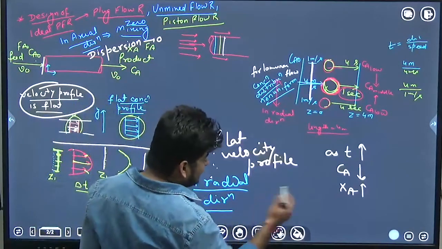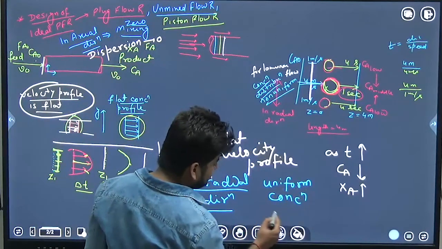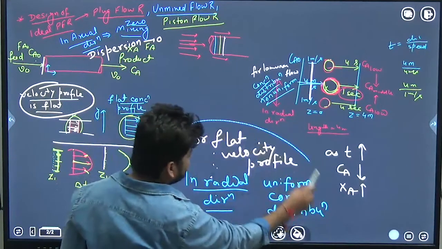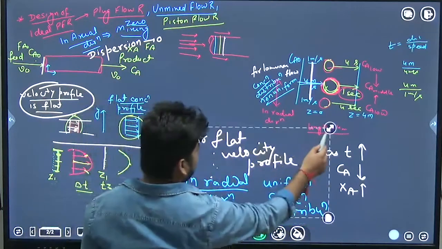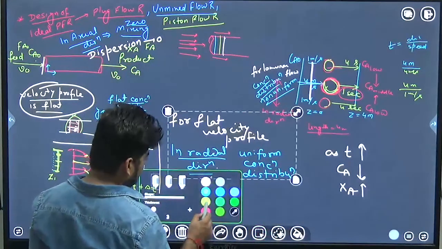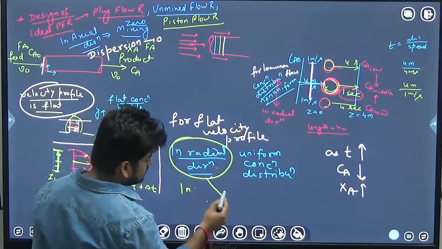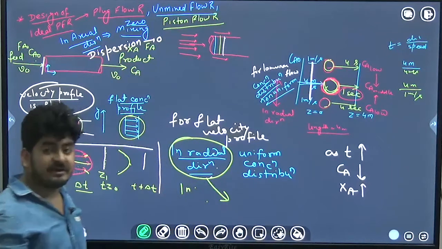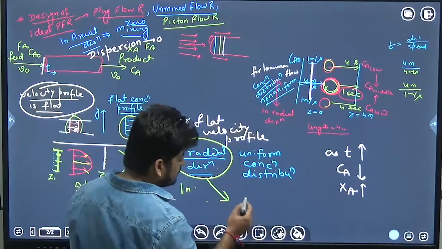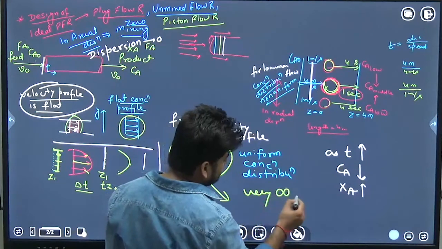Okay, so in the radial direction we can say they will have uniform concentration distribution. And since in the radial direction they have uniform concentration distribution, it means we have very high mixing, or you can say infinite mixing.